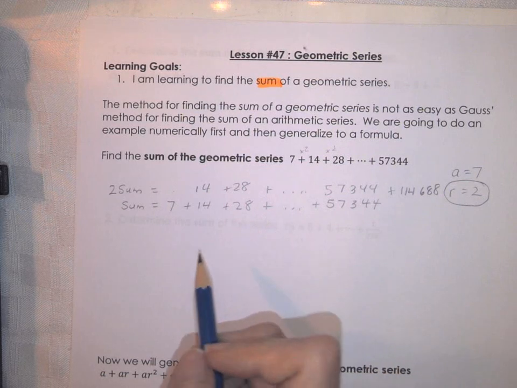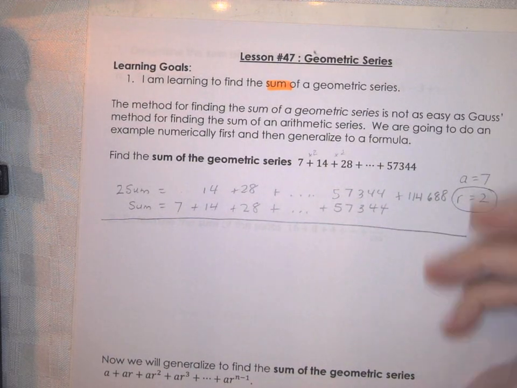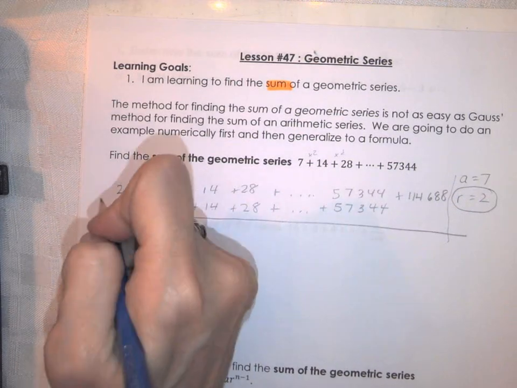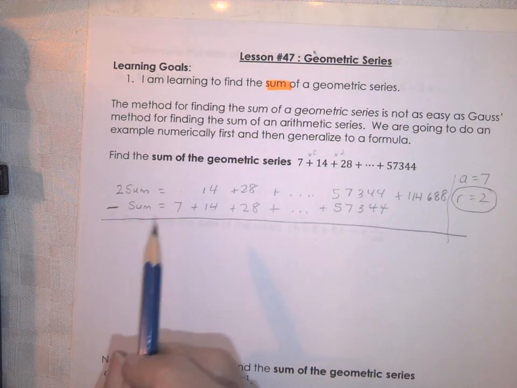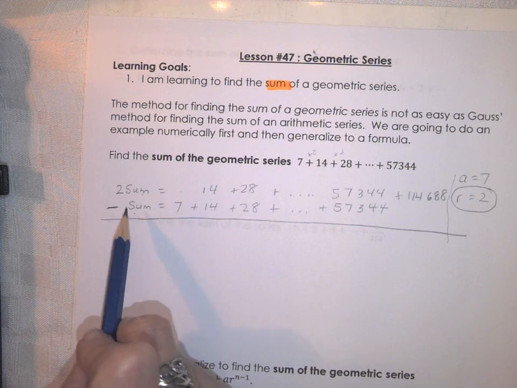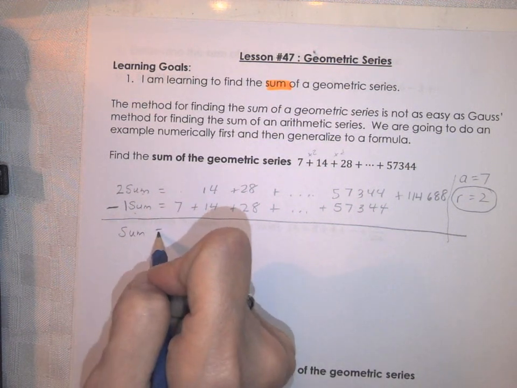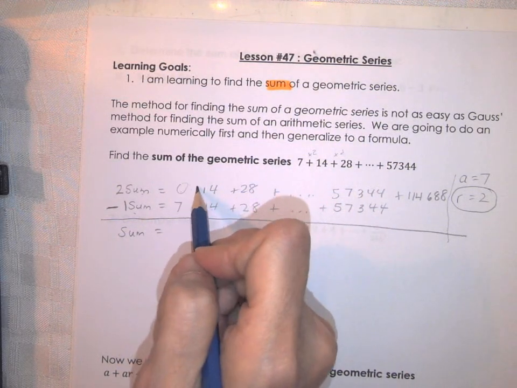Now, if you remember a little bit about elimination from grade 10, we're going to take these two and subtract. So 2 times the sum of the series minus 1 sum of the series just gives me the sum of the series. And this would be like having a 0 here.